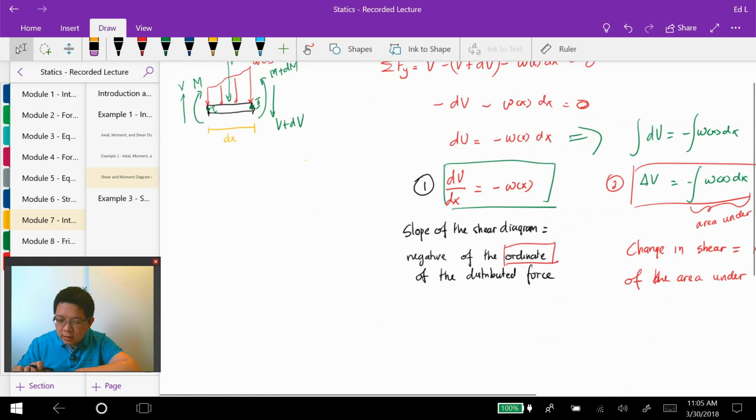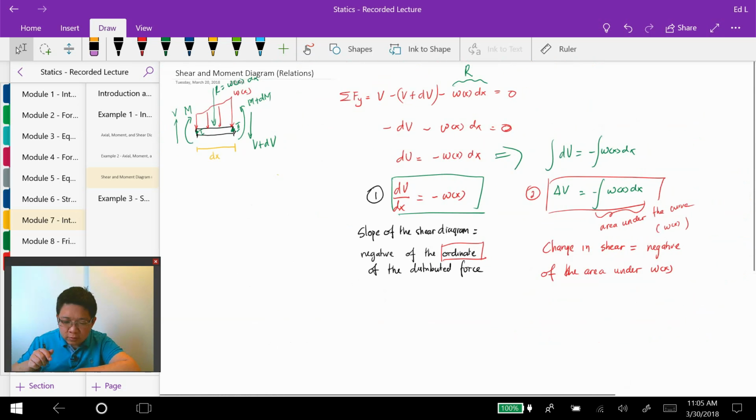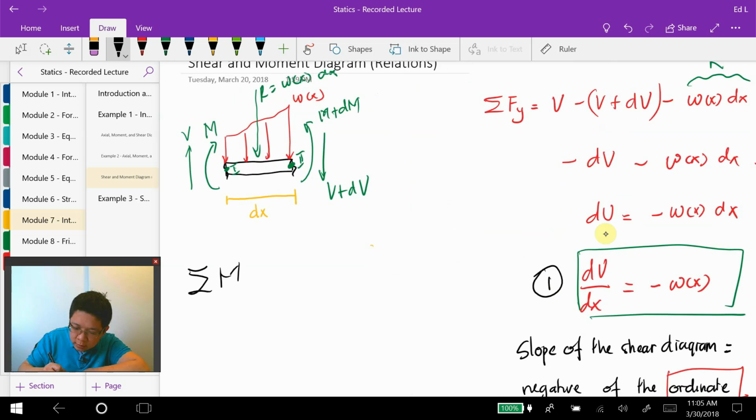Then we can form the third rule by first taking the sum of the moments at point 2.